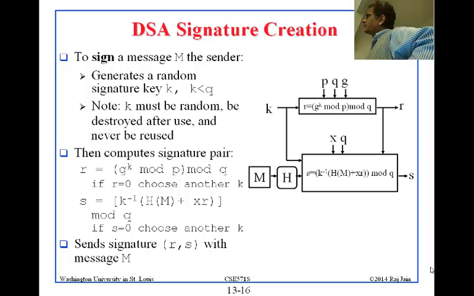And from here, we get r and K. So how do you get r? You feed K, and then you get G raised to K mod P mod Q, and you feed P, Q, and G here. So you get an r, feed that r here, and you get an s. And this s is lowercase. I think this looks like uppercase to me, but I will change it to lowercase. Anyway, you send r comma s. This is your signature.